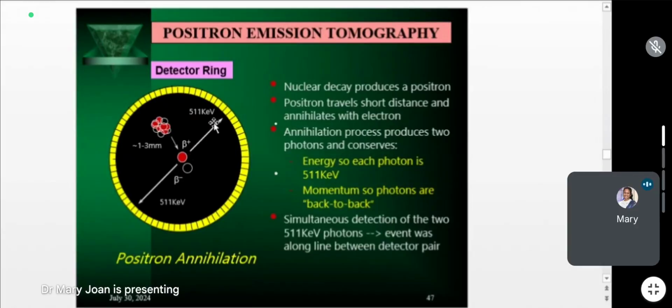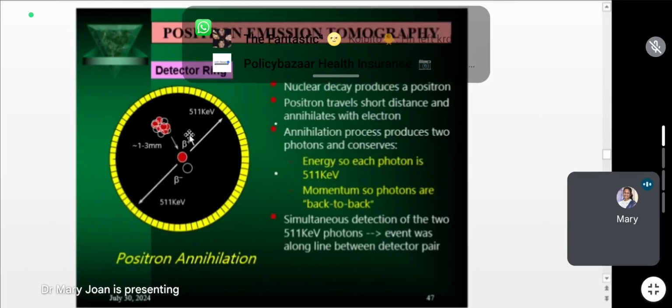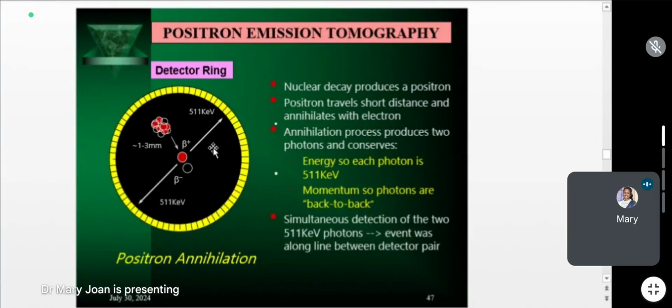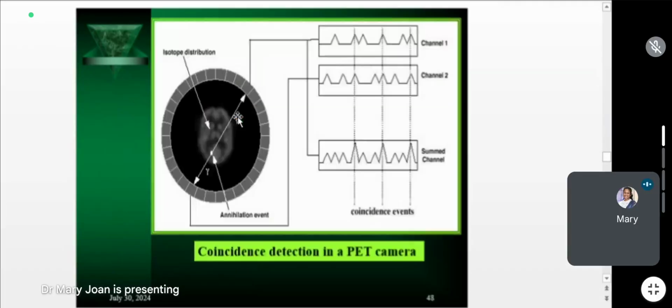So this photon is detected by, say, this part of the detector, and the other photon is detected by the detector which is 180 degrees apart, and this needs to be detected in a specific window of time for it to be considered as an annihilation event and contribute to the image formation.